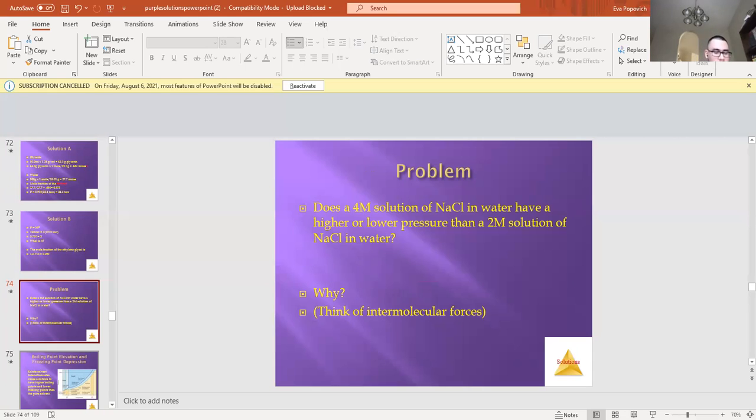If the NaCl has a higher mole fraction in 4 molar, that means that the water mole fraction is smaller. If the water mole fraction is smaller, then the pressure will be smaller. Does that make sense? Yeah.